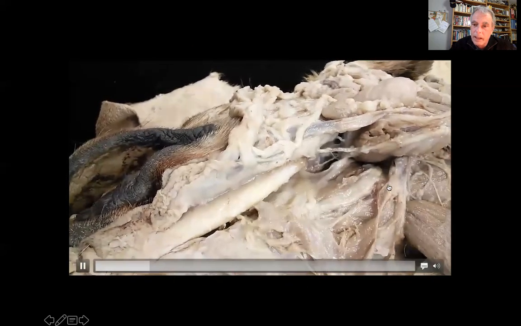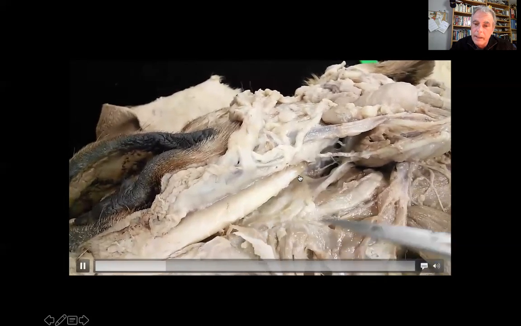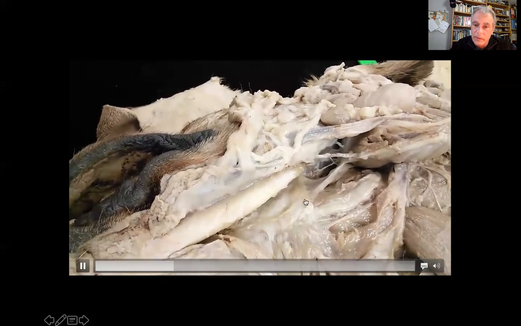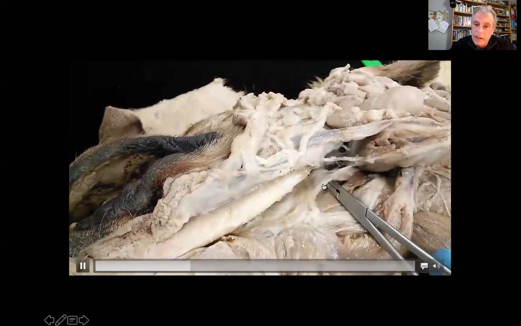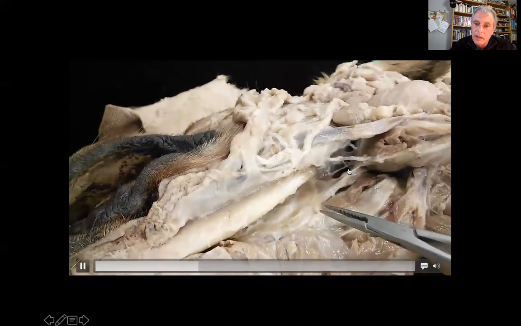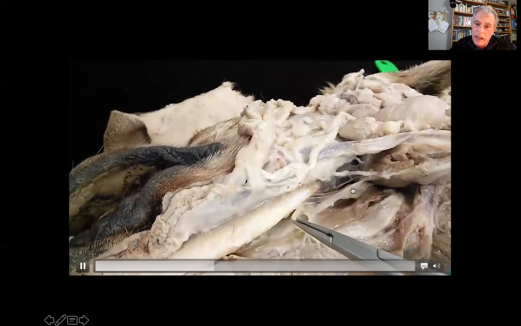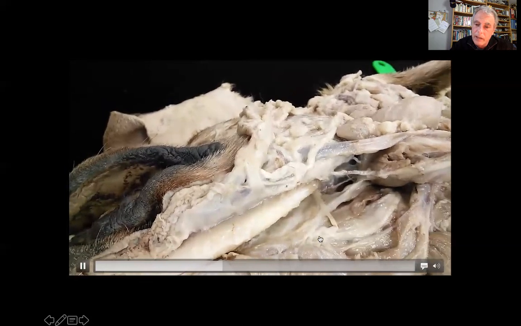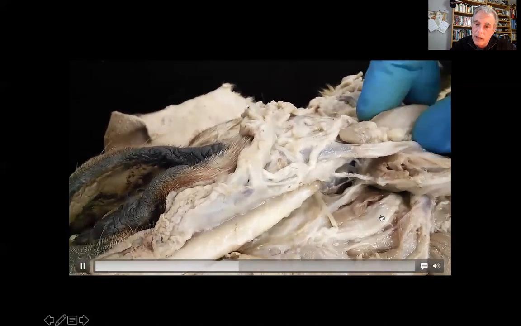We open it and we identify the hypoglossal nerve here, and here the mylohyoid nerve. And these structures are salivary ducts. They conduct saliva.